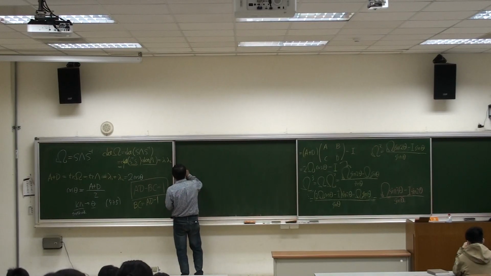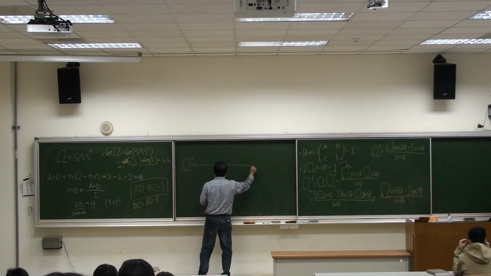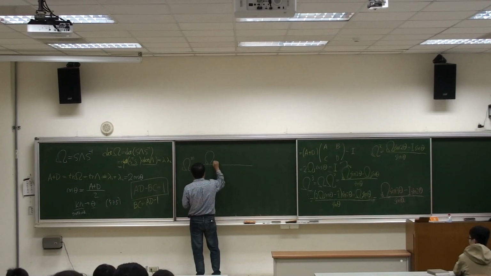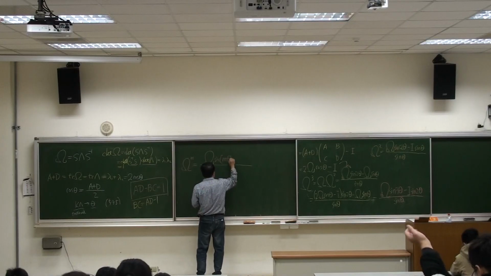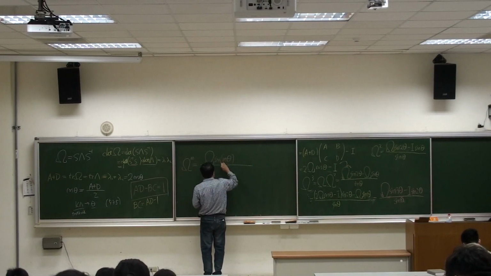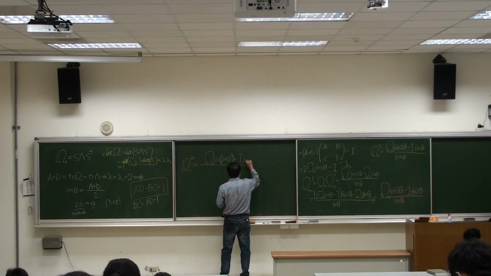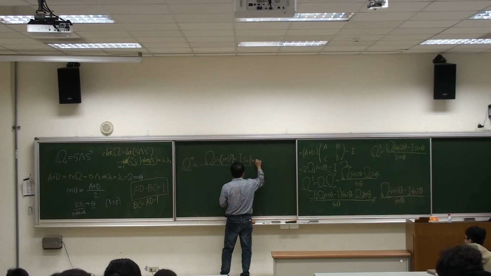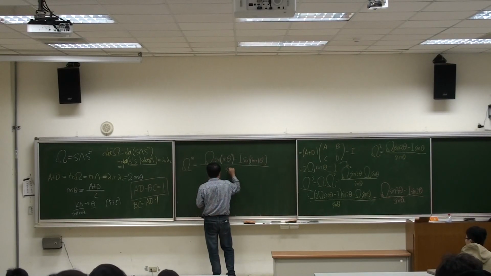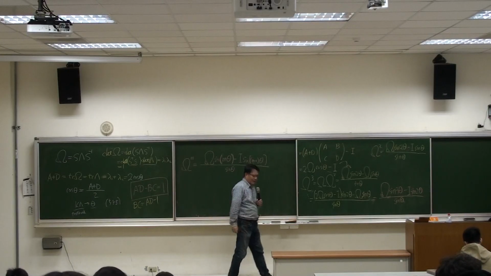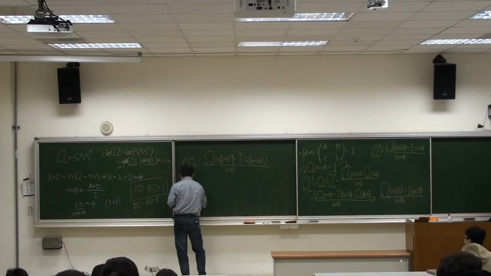And finally, we find the nth power of omega is equal to omega sine n theta minus I sine n minus 1 theta over sine theta. Okay? And this means that we have this expression.